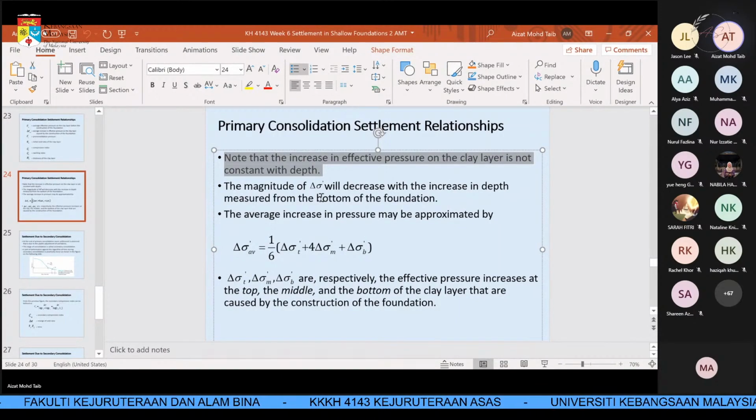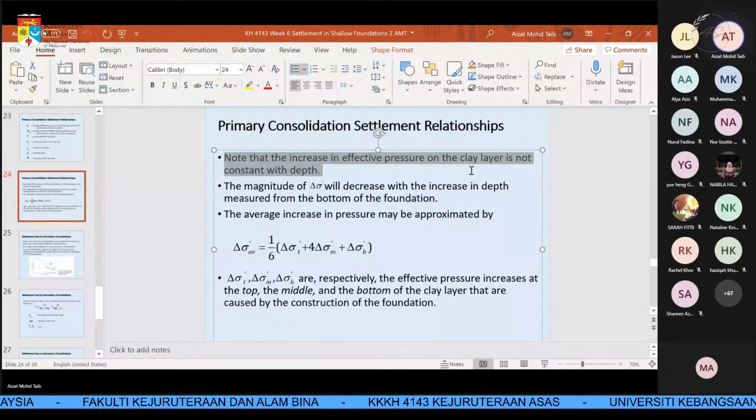So as you go down, dia makin berkurang lah sebab dekat atas tu yang kena lebih dengan loading. But kalau dekat bawah, it can be other things that affect the changes in stress. But if we look into the effect of loading, then it will decrease as you go deeper.